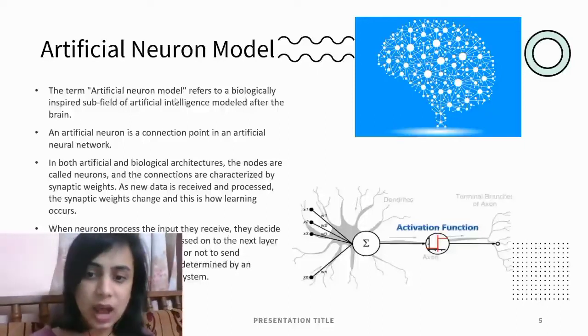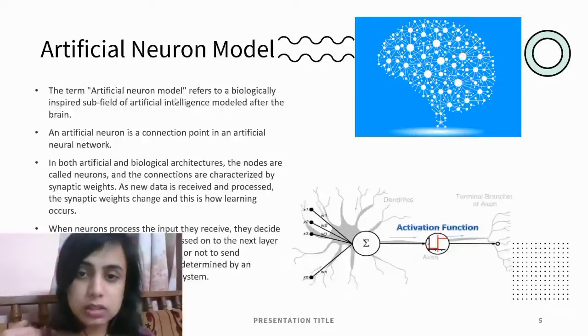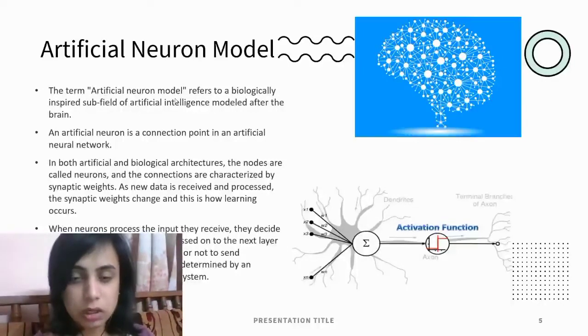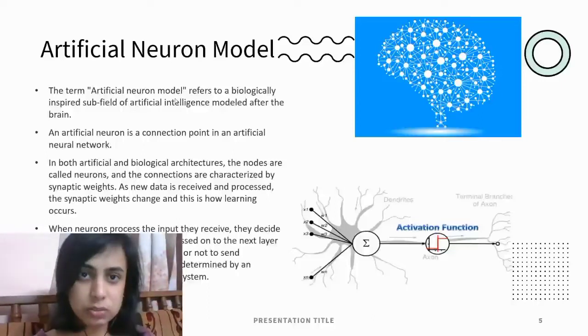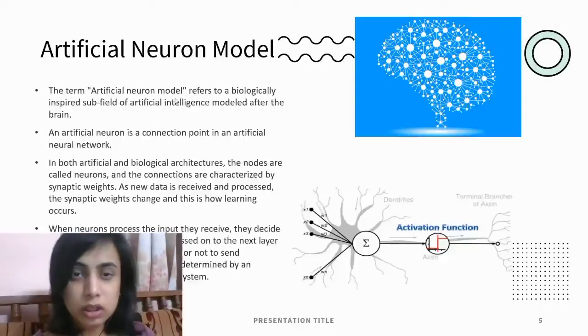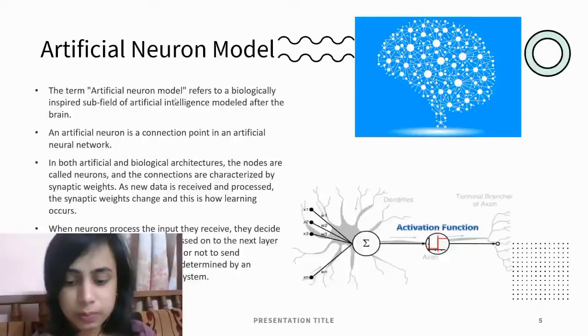So basically, if the activation function doesn't occur, the input doesn't turn out to be an output. So only relevant information passes, and this is how a neuron model works. And basically, from one neuron to another, the information passes in a similar manner. The information is only passed if it is considered necessary. So let's get into the neural network in depth.